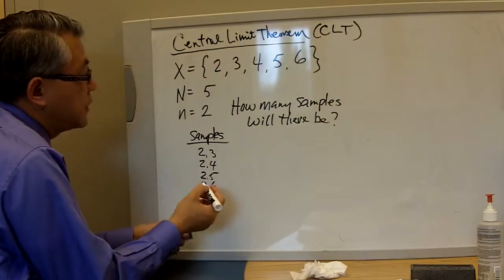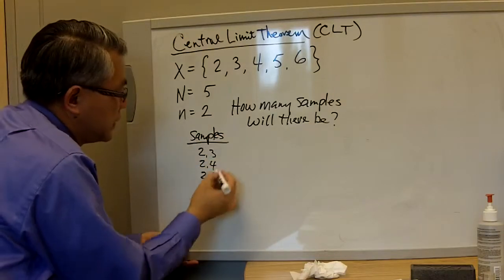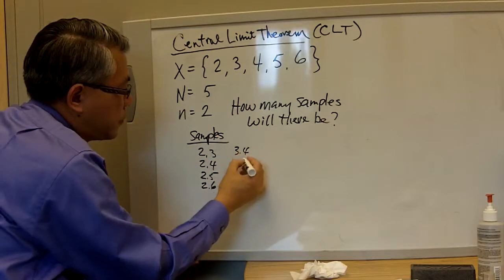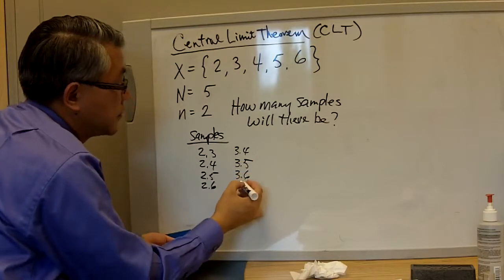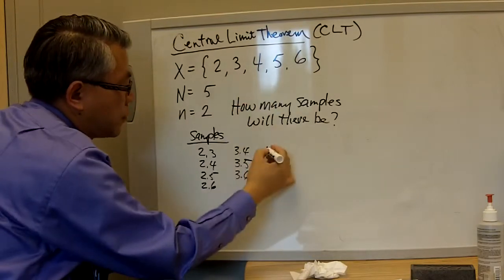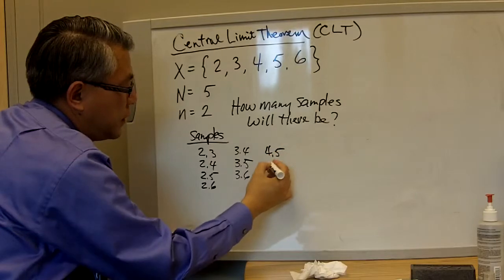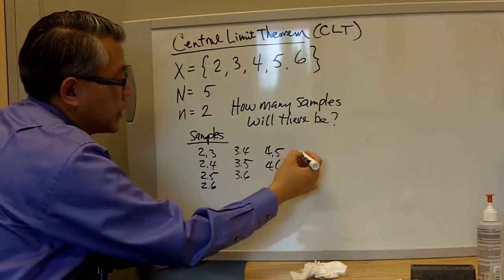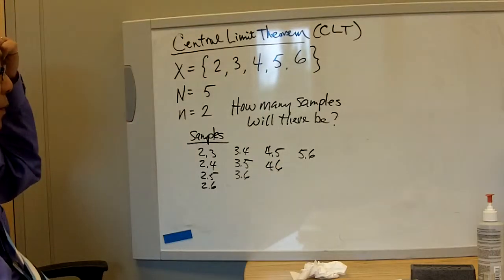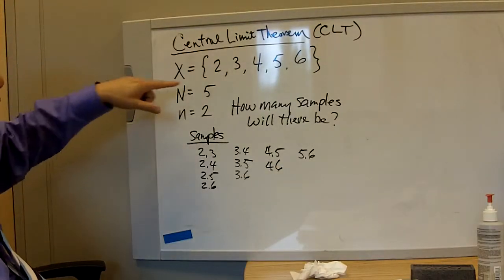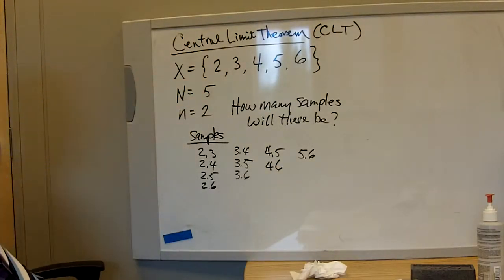So there will be 4 of them starting with 2, and then 3 and 4, 3 and 5, 3 and 6, then starting with 4, 4 and 5, 4 and 6, and the last one will be 5 and 6. I don't think we have left out anything, so there would be 10 possible samples.